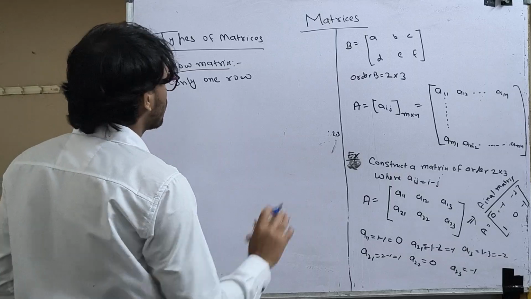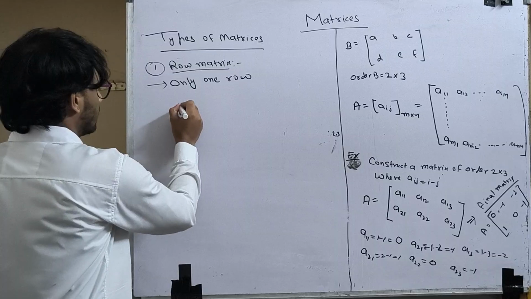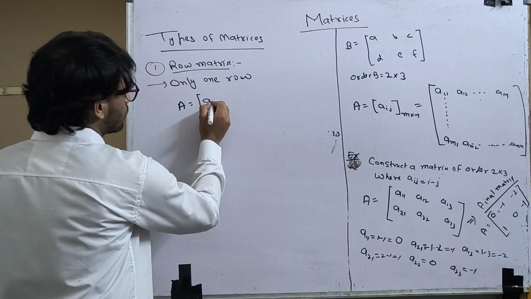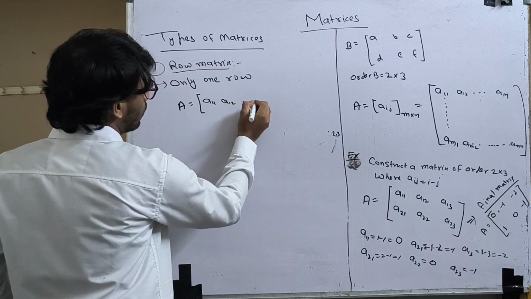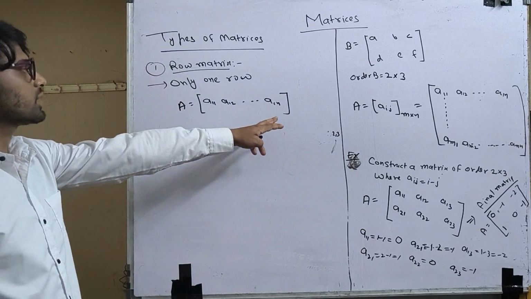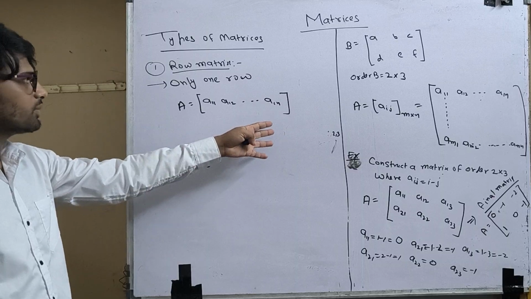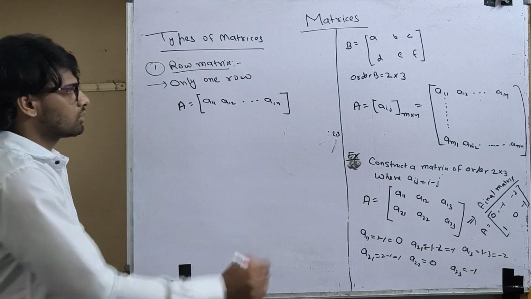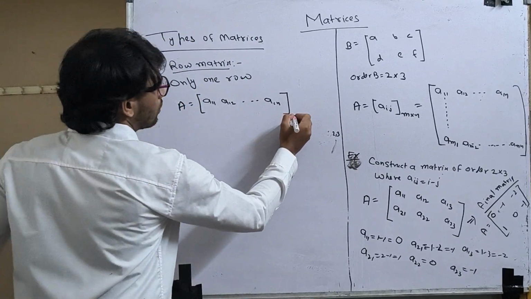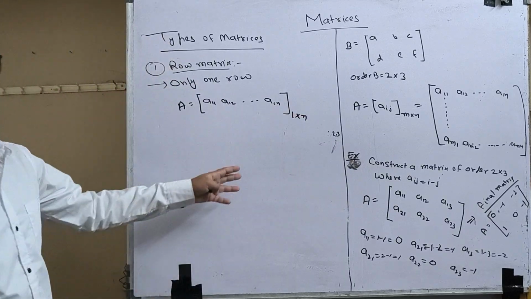For example, this is my matrix with only one row: a11, a12, dot dot, a1n. It is a general matrix of order 1 cross n, because the number of rows is 1 and the number of columns is n. So this is my row matrix.